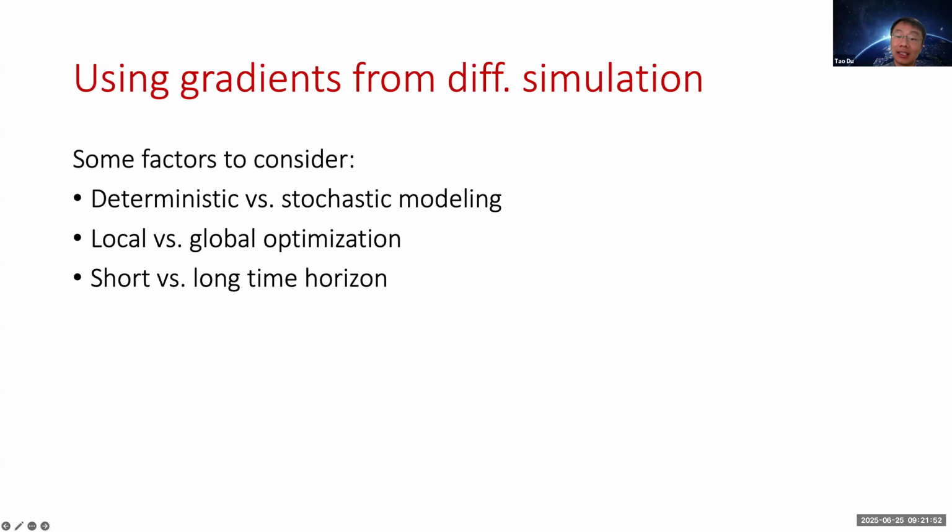And finally, it remains very unclear to myself whether gradients from a differentiable simulator are well-defined or whether they are useful for a long time horizon physics process. For a large portion of the differentiable simulators and their applications that we have seen these days, the time horizon considered depends on the complexity of the physical systems, but in general, they are not super long.